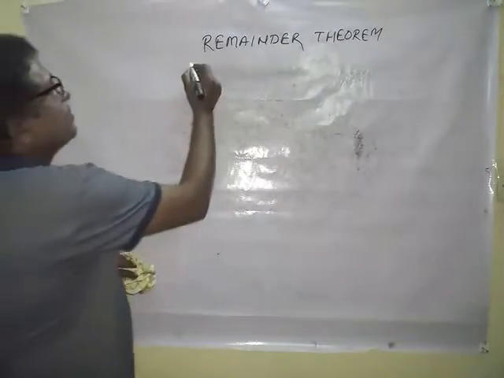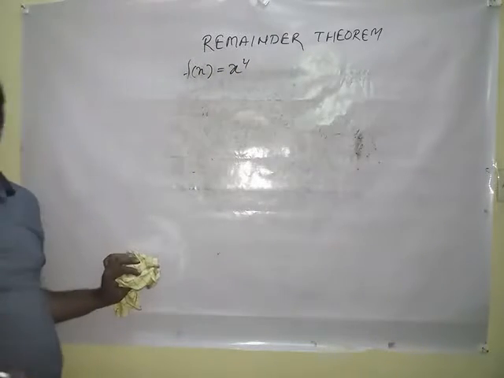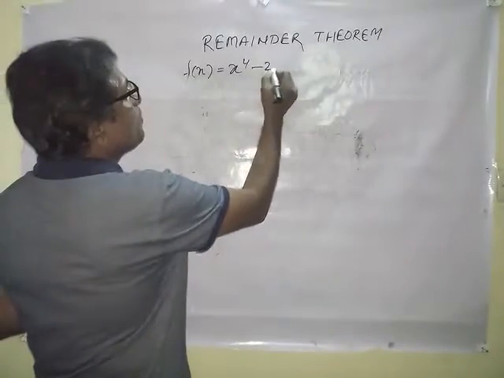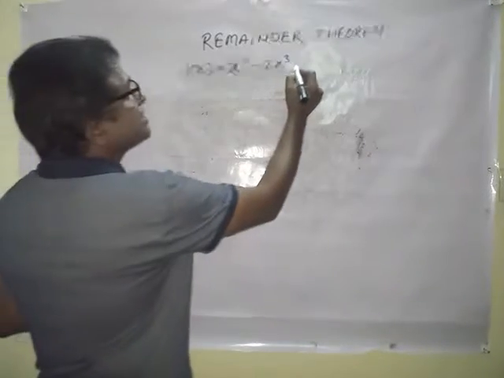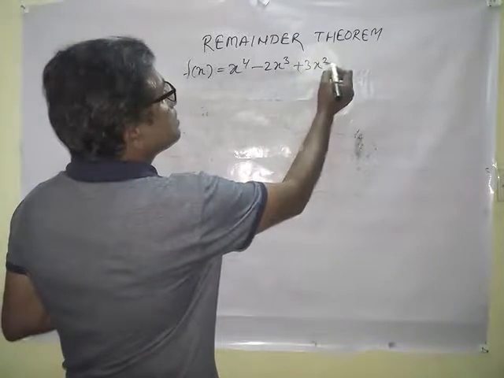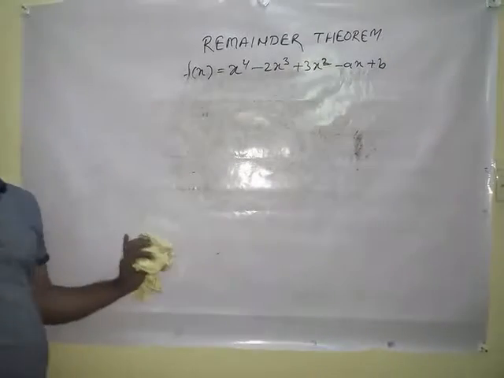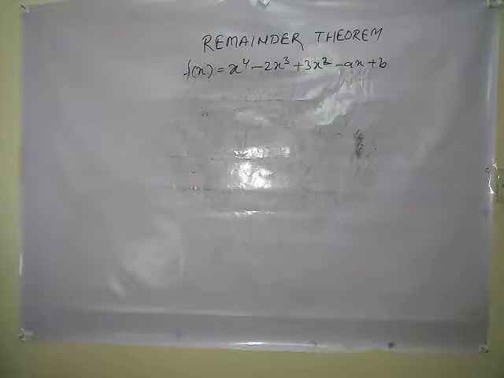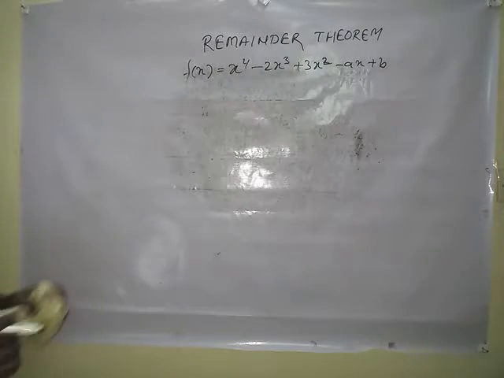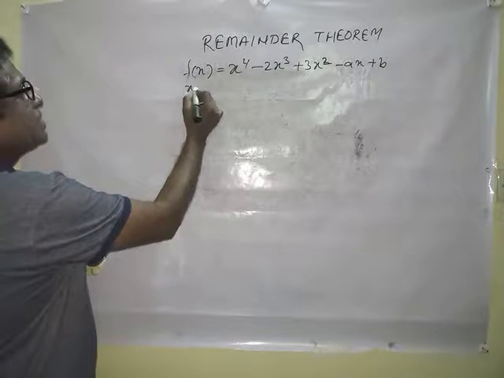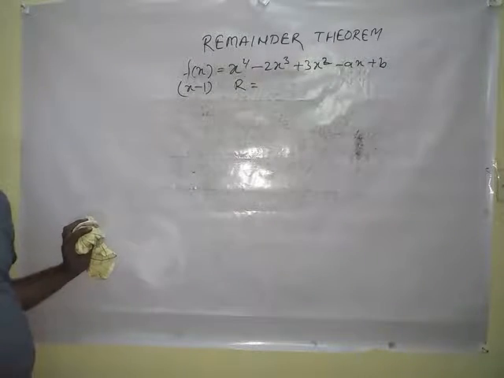Let's take an example. Let's say f(x) is equal to x raised to power 4 minus 2x cube plus 3x square minus ax plus b is the one polynomial equation given with the highest degree of 4. When it is divided by x minus 1, then the remainder is equal to 5.